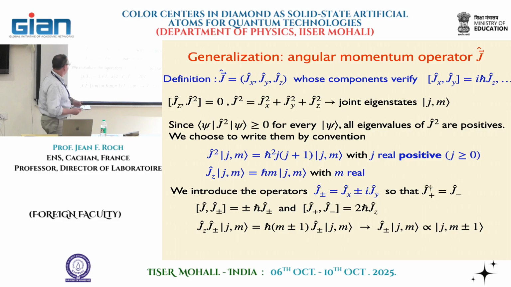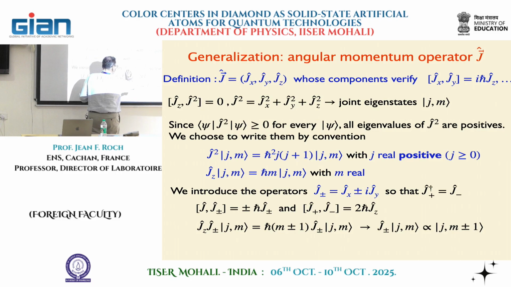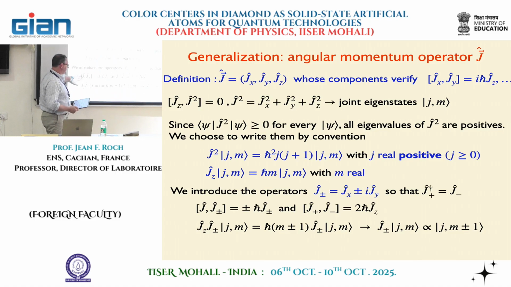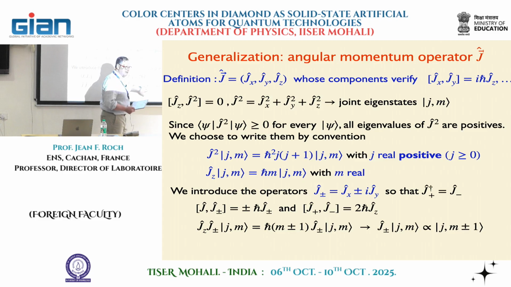Now we introduce the ladder operators J plus and J minus, which are combinations of the x and y operators of this angular momentum, and they are Hermitian conjugates of each other. It is not difficult to show that if we apply those operators on |j,m>, their effect is to raise or decrease the m value by plus or minus 1.